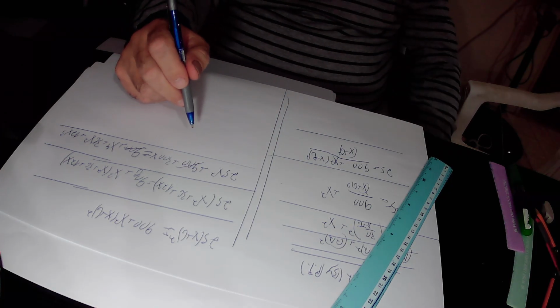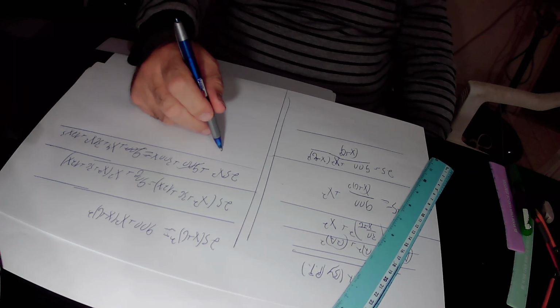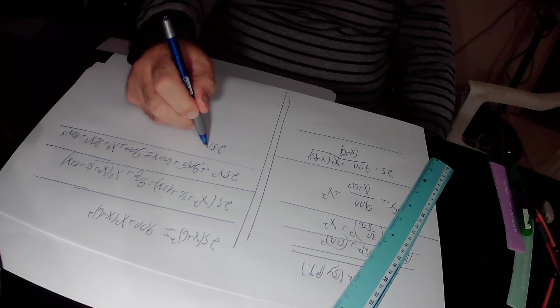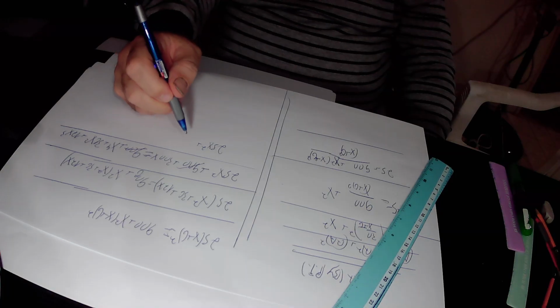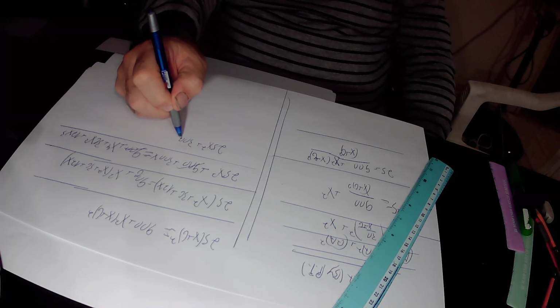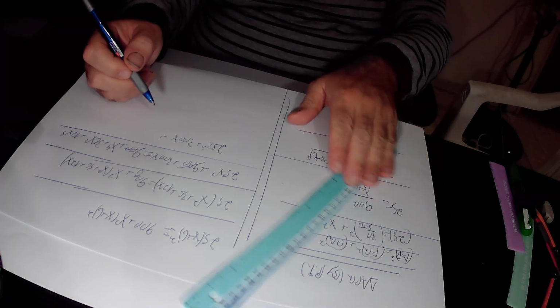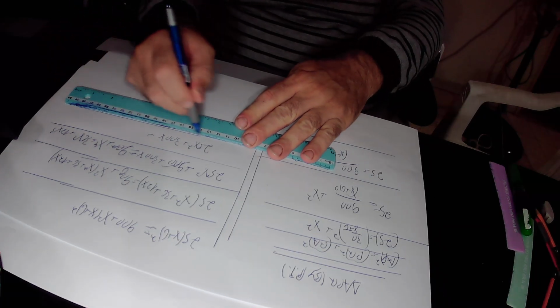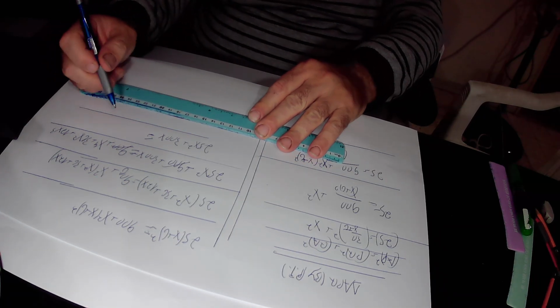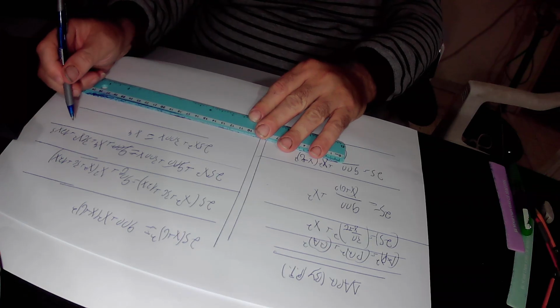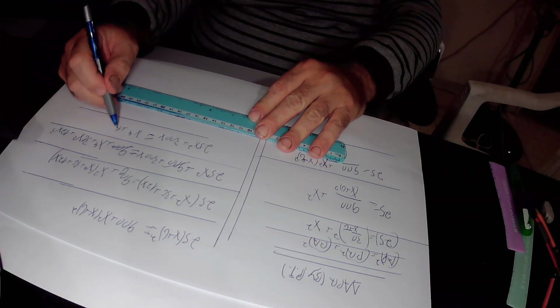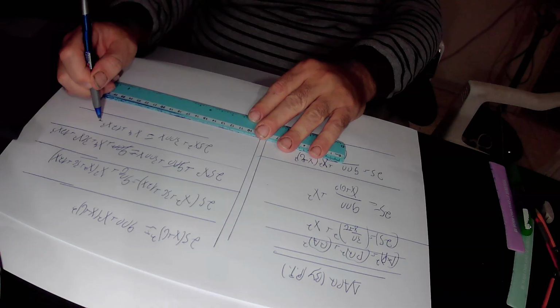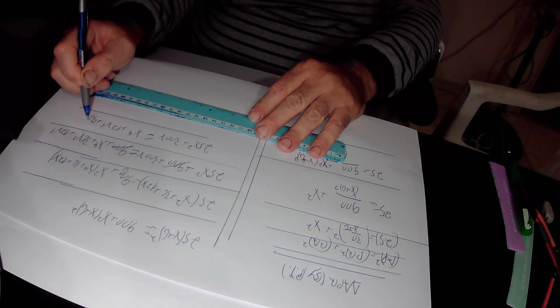After we cancel 900, on this side of the equation we are left only with 25x squared plus 300x, equal to x to the power of 4 plus 12x cubed plus 36x squared.